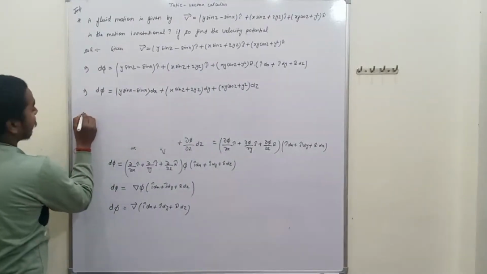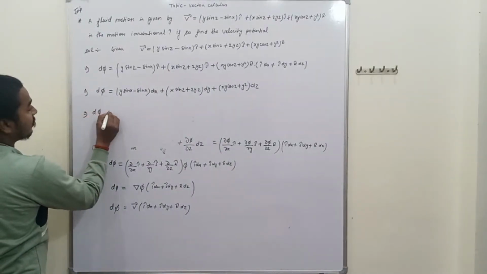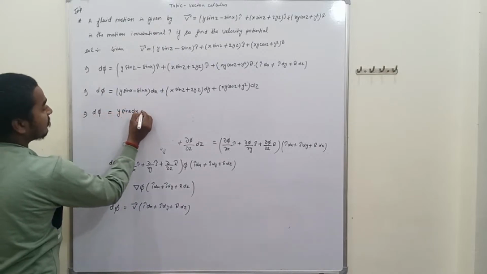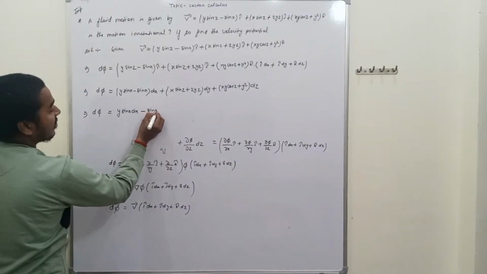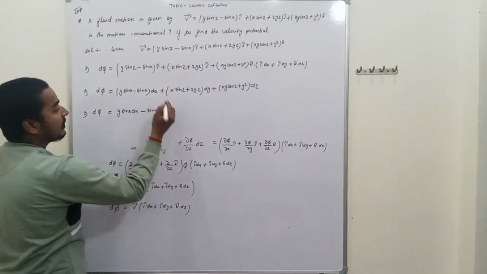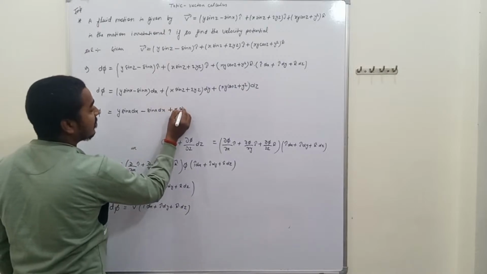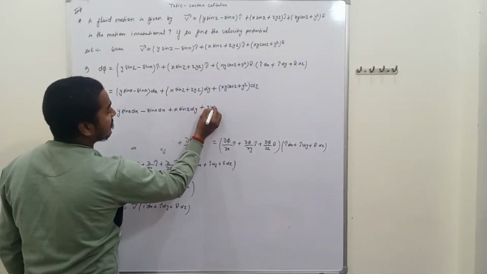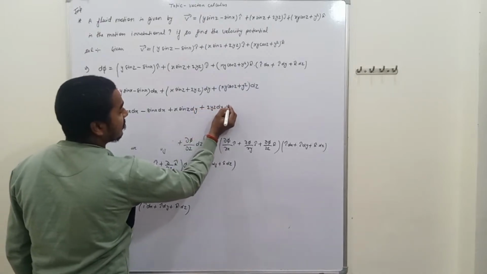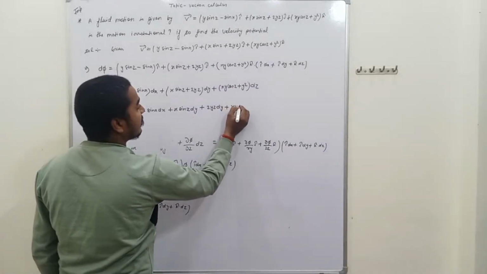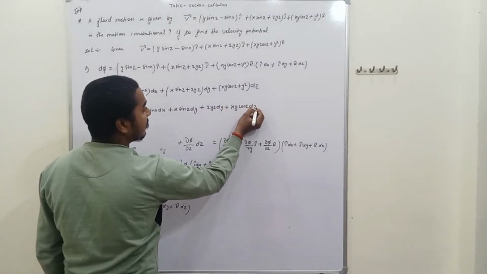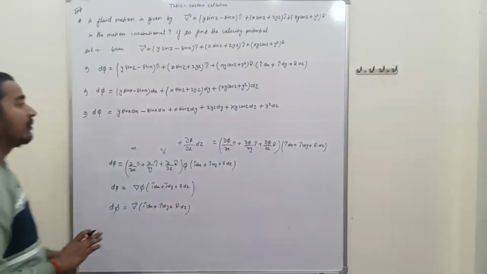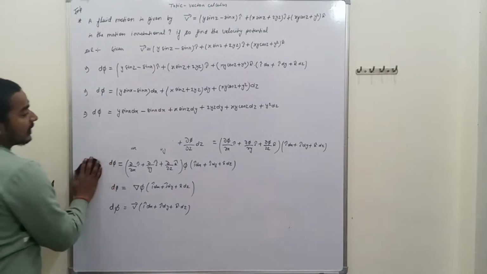We can also write it in the form dφ equals y sin z dx − sin x dx + x sin z dy + 2yz dy + xy cos z dz + y² dz. And we have to arrange for integration.